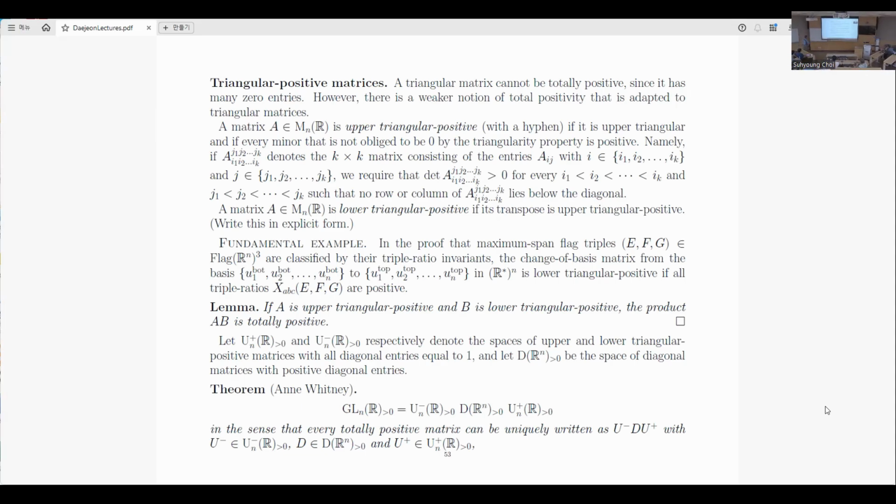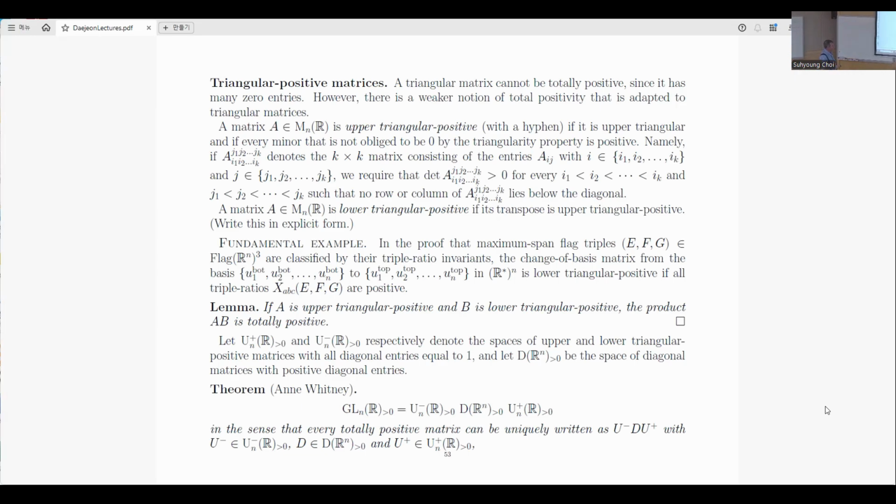So I decided to use instead triangular positive, namely a positivity adapted to triangular matrices. Okay, and there is an upper and lower version. So we're going to say that it's upper triangular-positive with a hyphen.